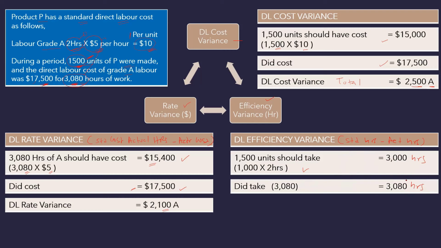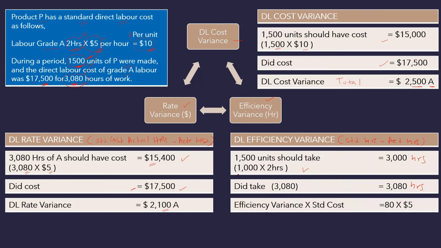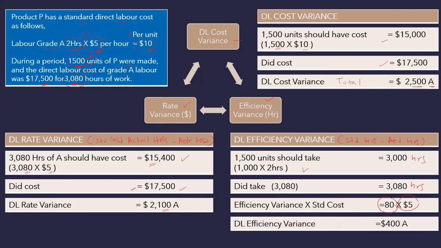So what is our variance? 80 hours were used more than the budget. So therefore, at standard cost, the efficiency variance is 80 hours, and we should have incurred $5 per hour on these 80 hours of difference in efficiency. So the total direct labor efficiency variance is $400.